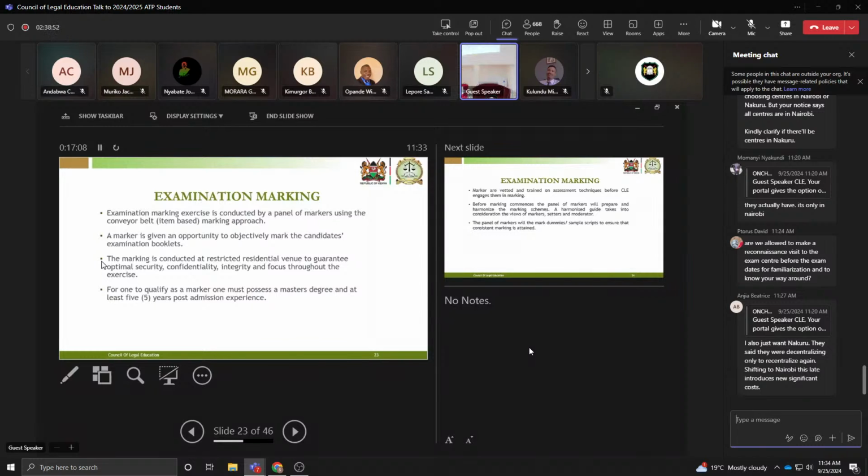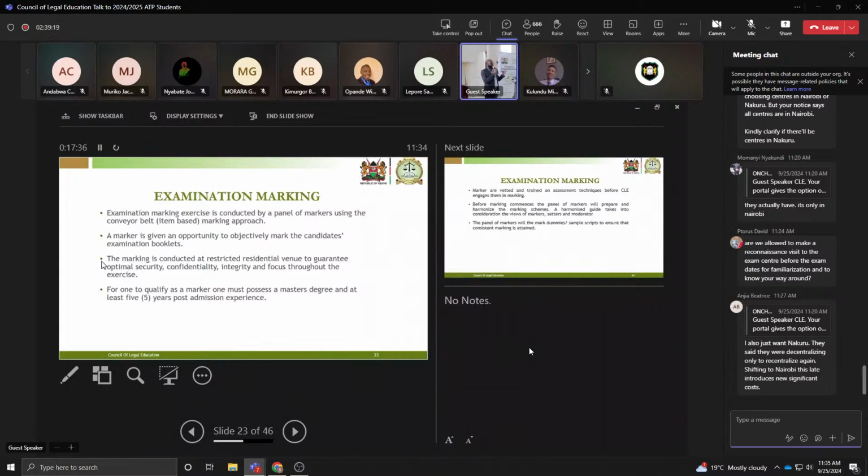So in a conveyor belt marking, because I had some students say that I was marked unfairly, or I should have passed this paper. I want you to note that when we are marking, we have a panel.